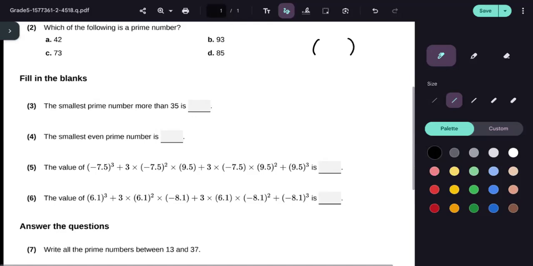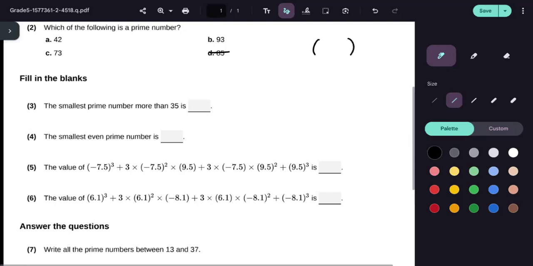D we know is out because anything that has the number 5 in it, like 85, 75, 65, all of these can be divisible by 5. So this will be out. But the single digit 5 is a prime number because it only has 1 and itself.